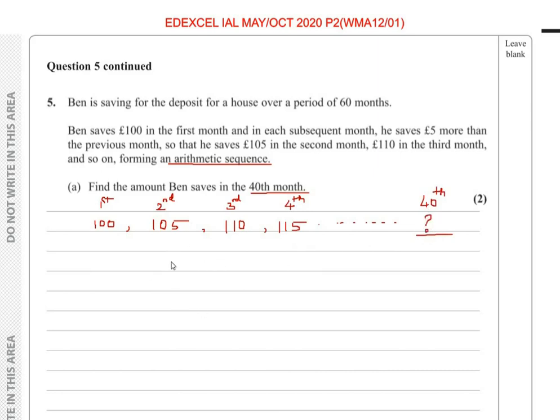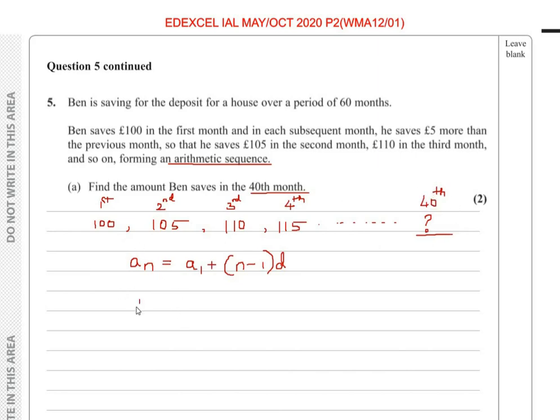For this, we have a formula for the nth term, that is an equals a1 plus n minus 1 d. This is the formula we are going to use here. An is the nth term. Here it's going to be the 40th term.